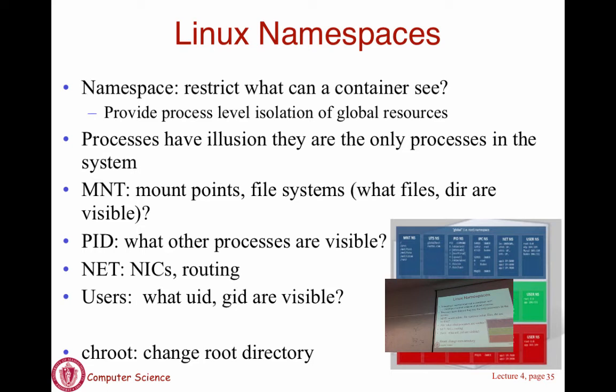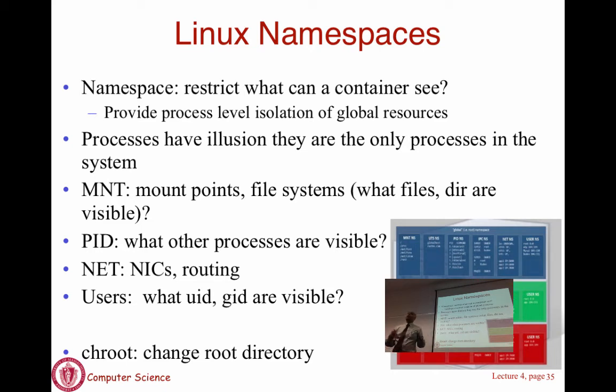So now you are essentially implementing a sandbox by limiting what you can even see from a process's perspective. You can do the same thing across all resources. Processes may have the illusion that they are the only processes on the system. Inside a container, you don't see processes that are in other containers or running globally, not in any container. You can do the same thing at the file system level.